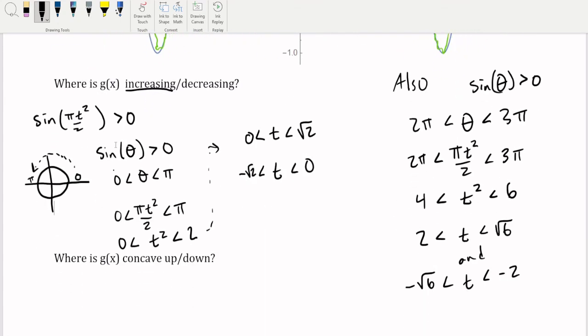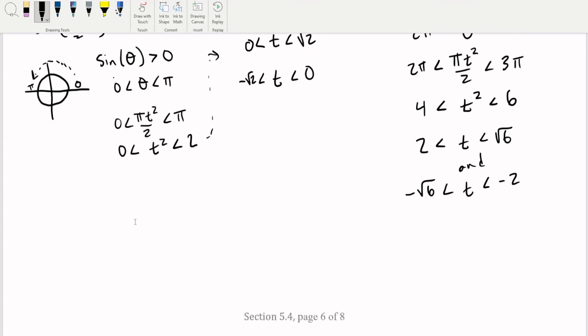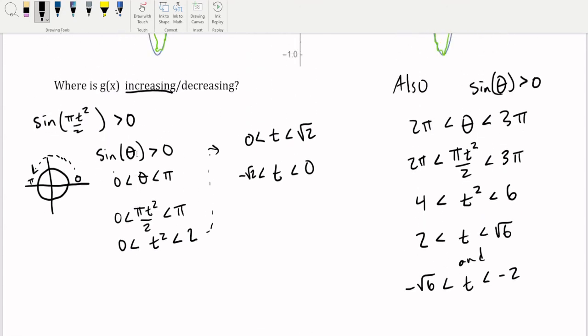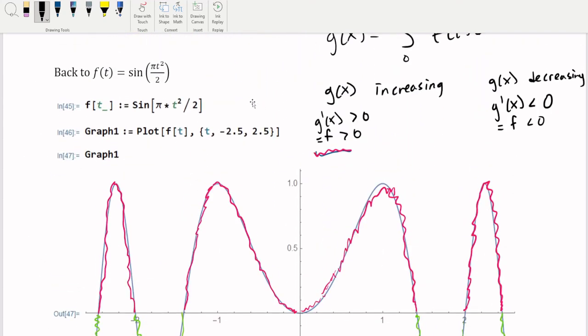Let's get rid of this because we need a lot more space. When are we increasing, decreasing, to be more specific? This is a little bit harder to just do out, but on the range -2.5 to 2.5, we're just going to stick here.